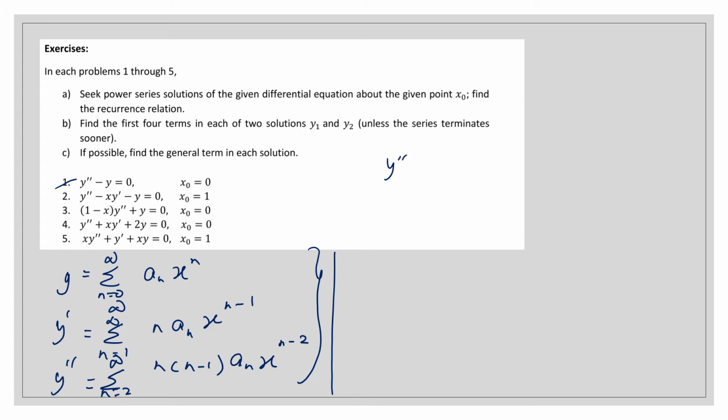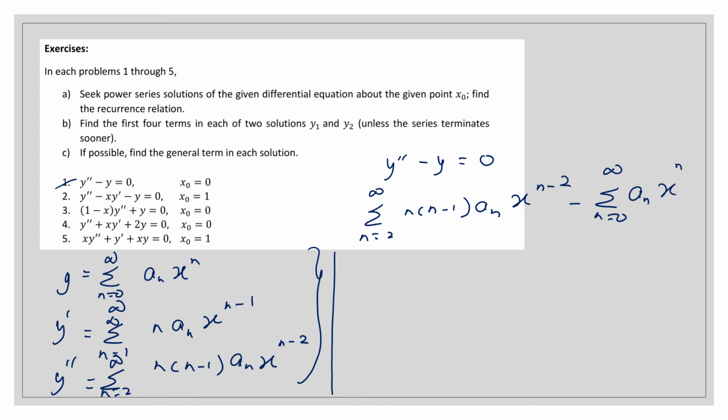y double prime minus y equal to 0. So we substitute y double prime, which is the summation of n times n minus 1 an x to the n minus 2, minus y. So y is the summation of an x to the n. Okay, so the first step, we have to make sure our power of x is similar.